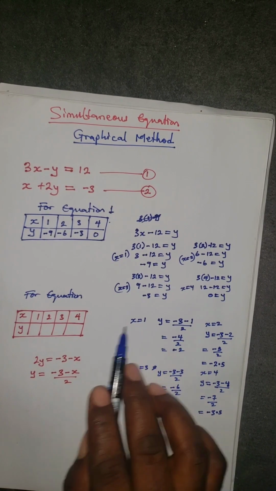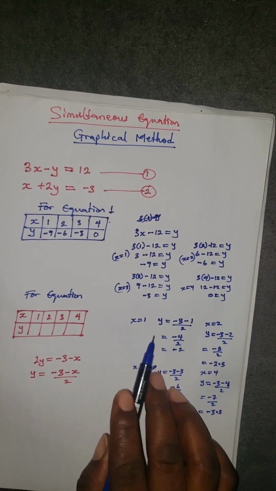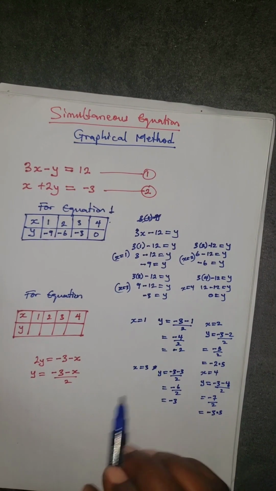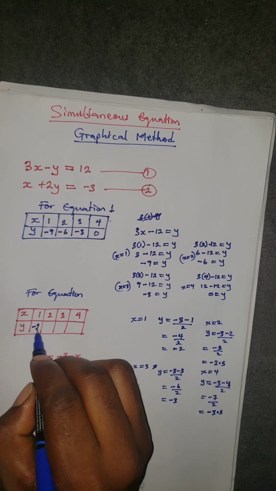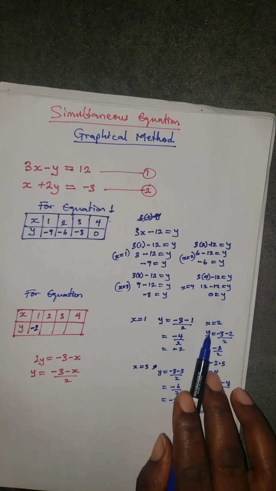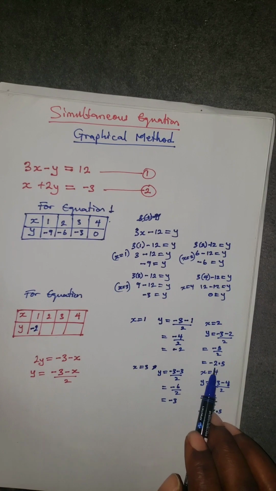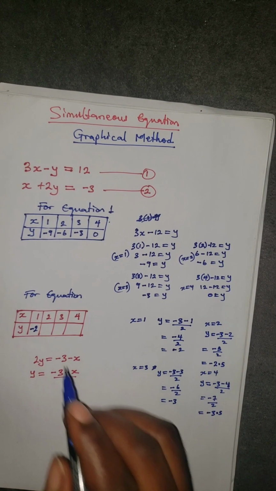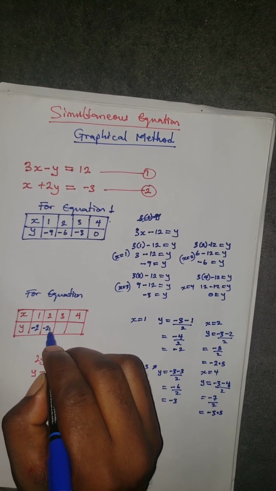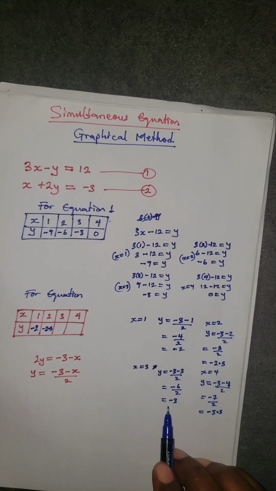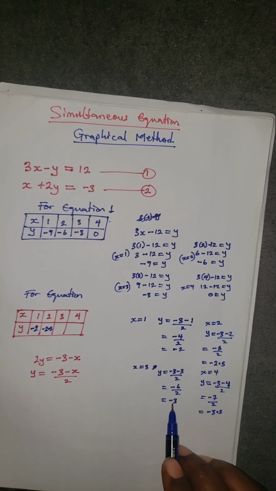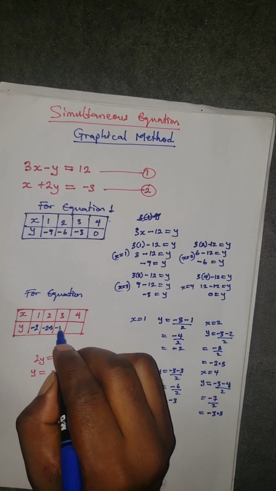So let's replace them. When x equals 1, we got that y equals minus 2. So I'll come here and put my minus 2. When x equals 2, we got that y equals minus 2.5. When x equals 3, we got that y equals minus 3.